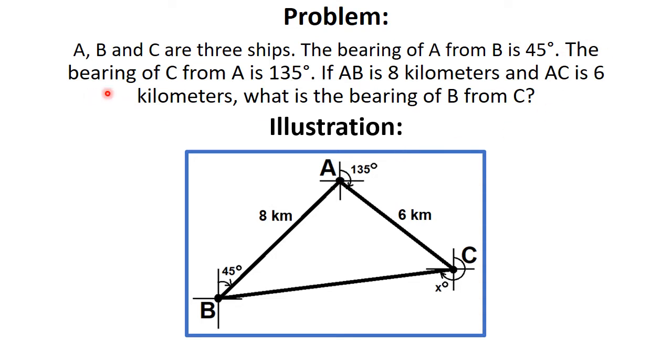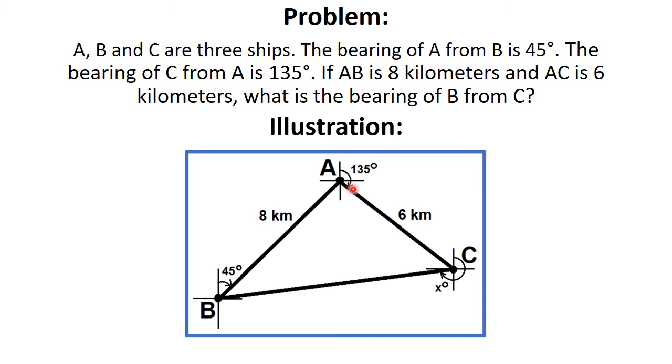The bearing of C from A is 135 degrees. On that second particular point A that we have estimated, we draw again the horizontal and the vertical axis, and start rotating the terminal side clockwise from the initial side, which is the north line, in such a way that we estimate 135 degrees. 135 degrees is more than 90 but less than 180 degrees.